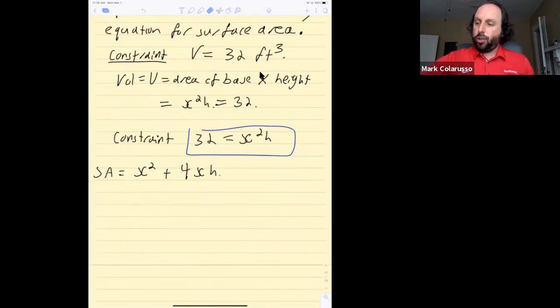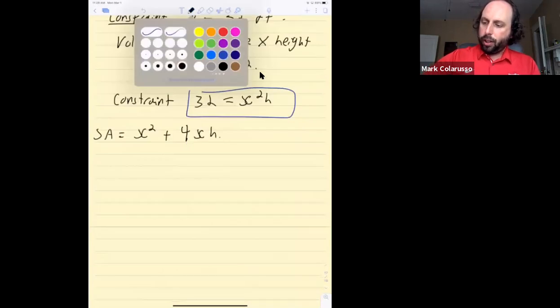The constraint involves x squared, and the surface area equation involves an x squared and an x. So if you solve for x in terms of h, that's going to involve a square root. Then you'll have a square root in your surface area equation, and differentiating square roots or rational powers is much more difficult.